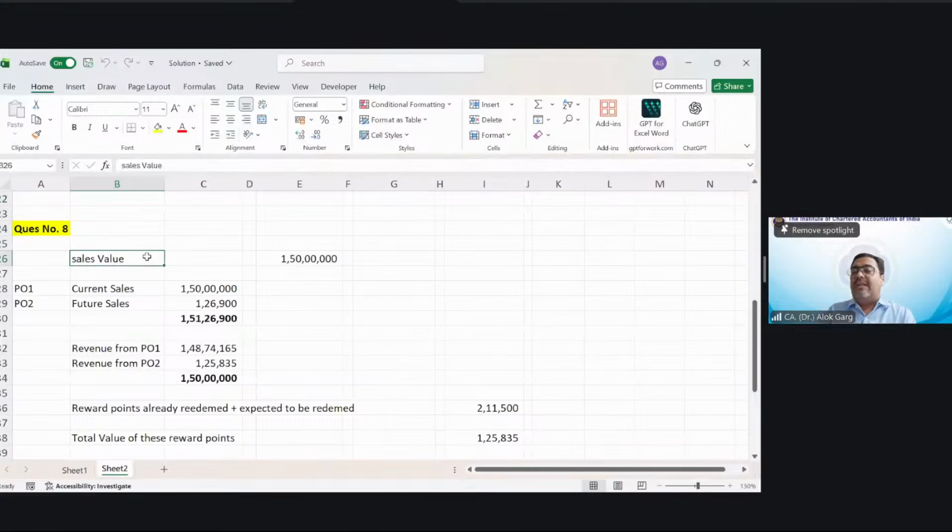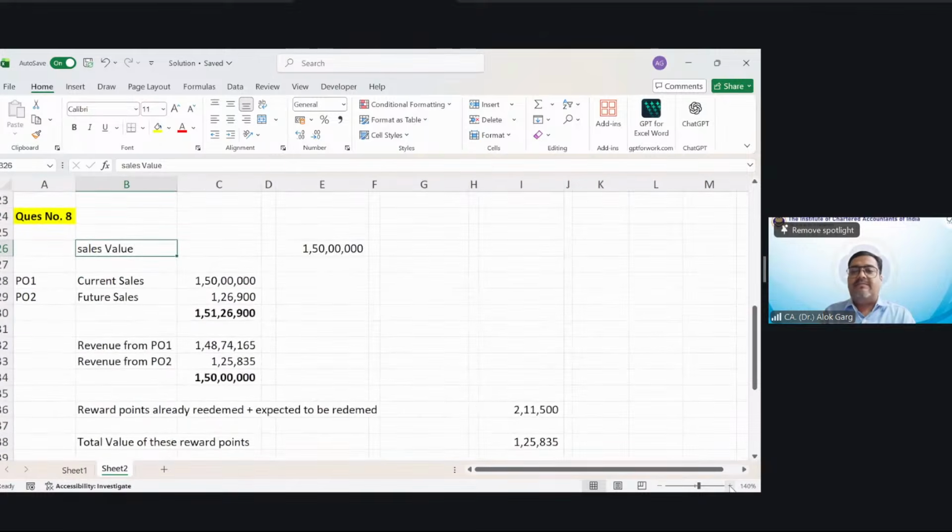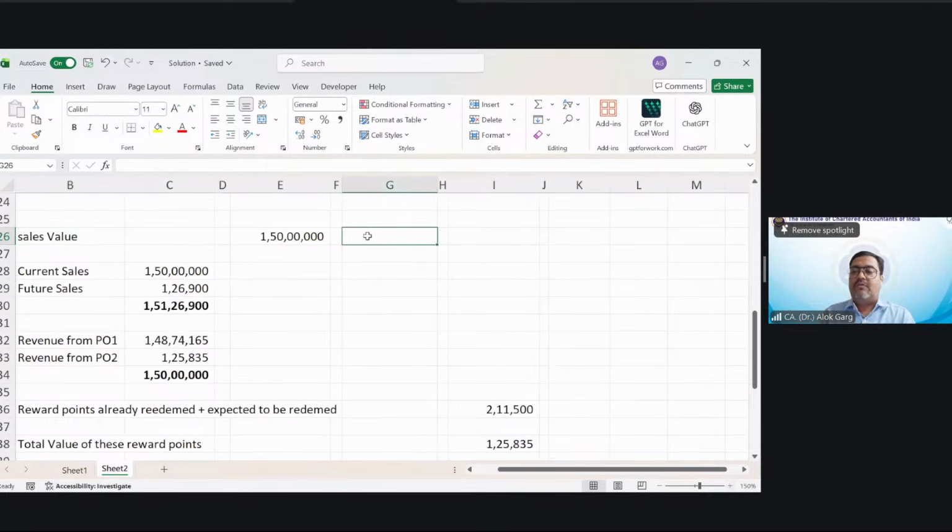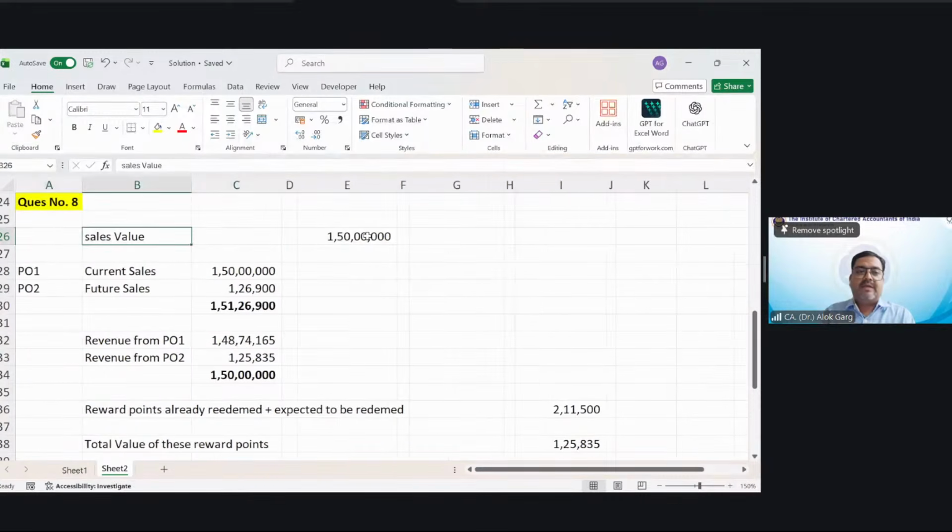What is my sales value? If you see the Excel file, my sales value is 1 crore 50 lakh rupees. I have two performance obligations, current sales and future sales.